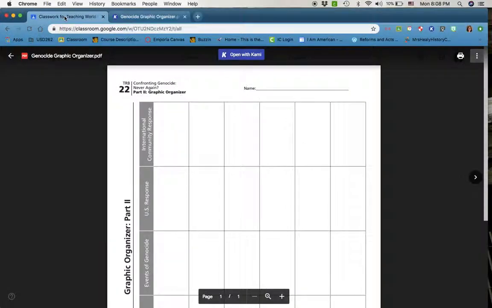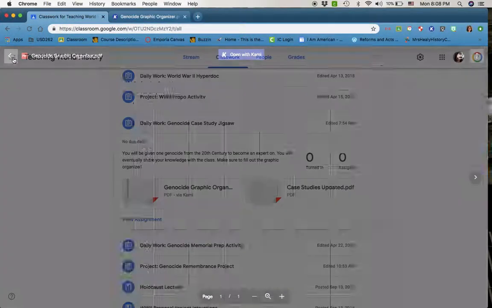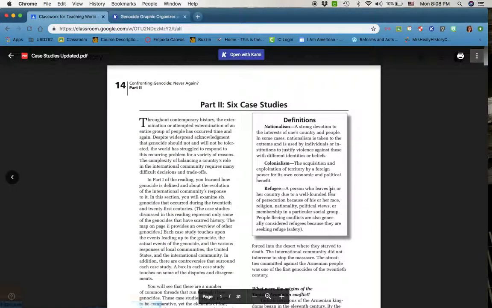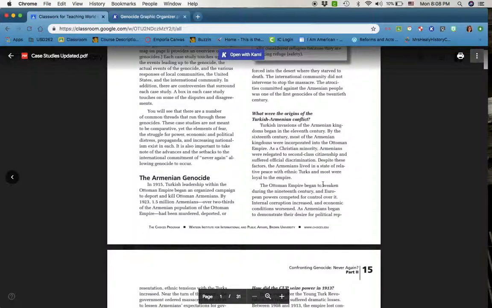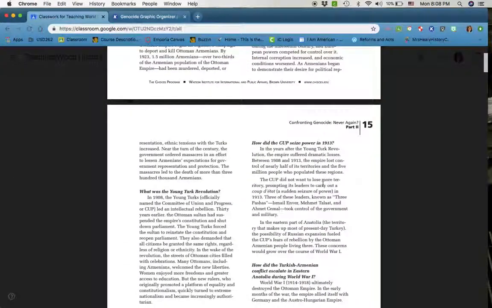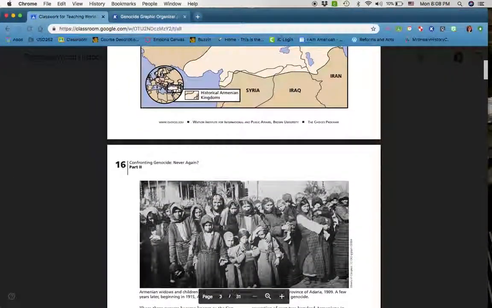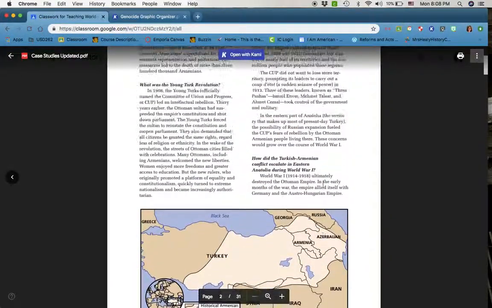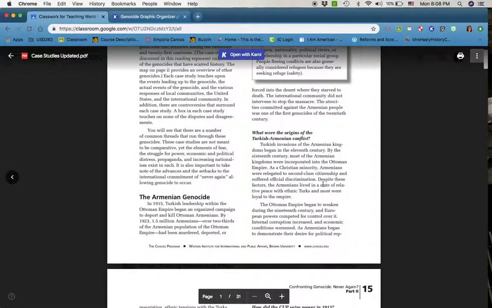So where do you get all this information? If you go back to the assignment and you look at this case studies document, you can see this is where all the information is. I know this looks like a very large document, but it's everyone's information. So just make sure you're looking for yours. If you scroll down, you can see the first one is the Armenian genocide, and you can see it's the black heading here.